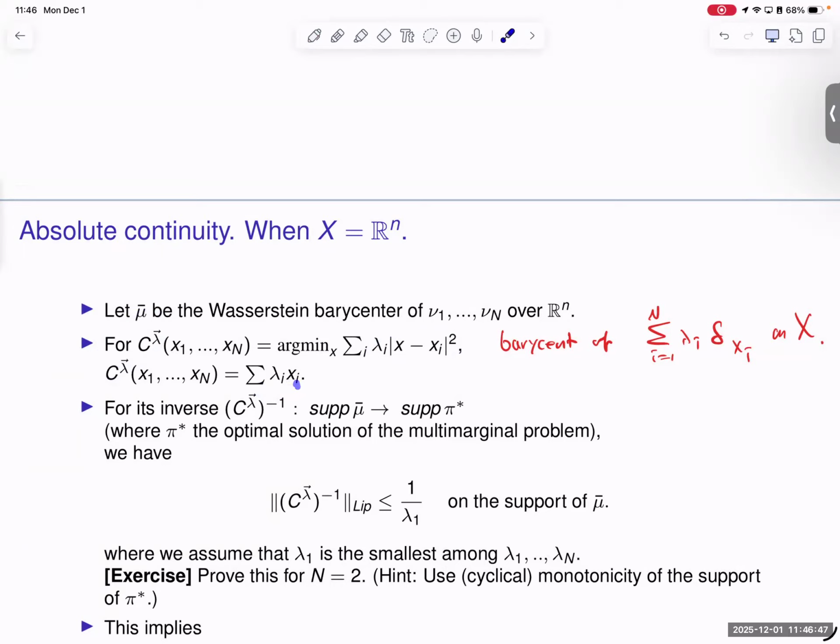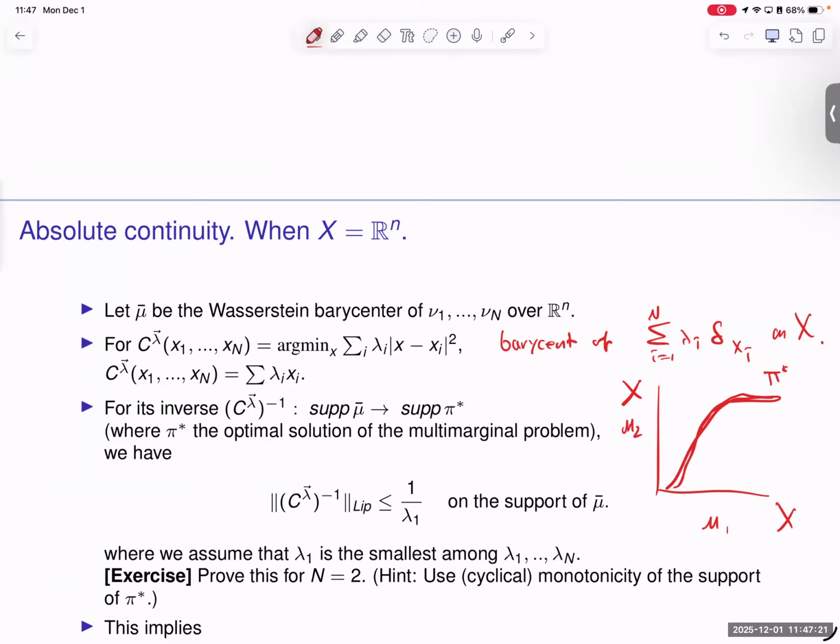But then you can consider the Wasserstein barycenter. Just in the 2D case, let me draw it. You have this pi star, which is an optimal transport plan between two measures, mu_1, mu_2.